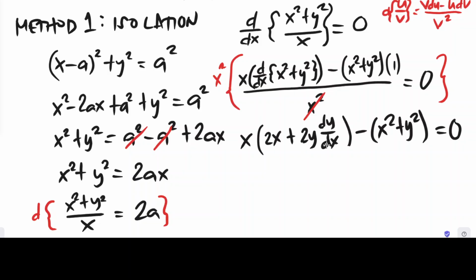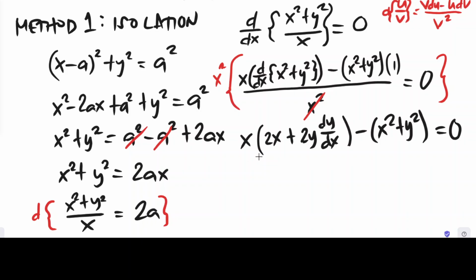Now if this looks complicated, we can replace dy over dx with y prime so that we can write the equation easier or lighter. Now we will have this one.